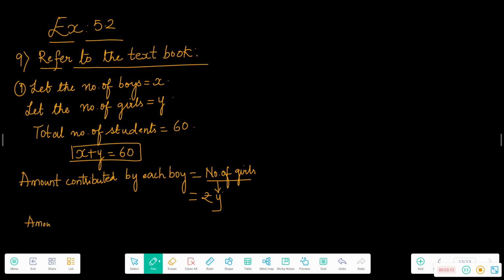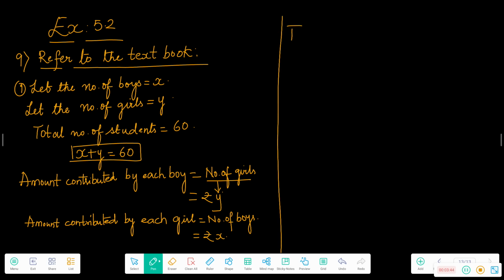Amount contributed by each girl is equal to the number of boys according to the question. It is equal to rupees x. Now the total amount is rupees 1600.